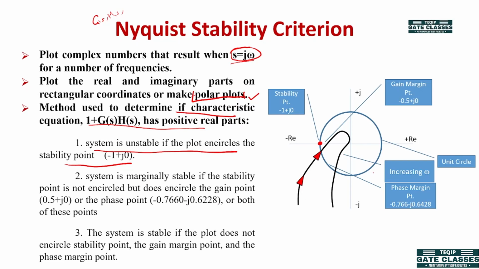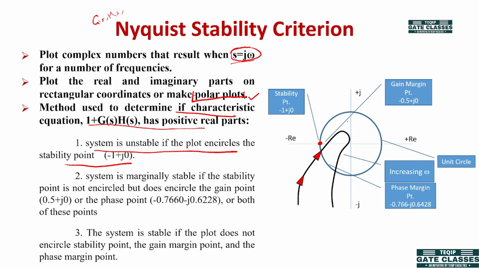So this is the gain margin point, where the phase crossover frequency, that is the angle, is -180 degrees, and this is the phase margin point, the frequency where the magnitude is 1 unit.